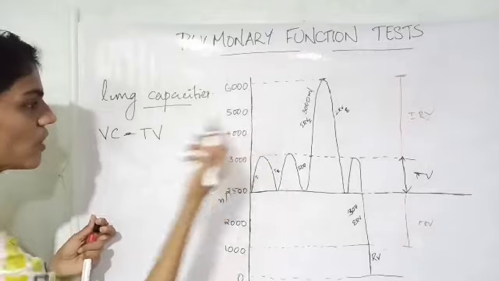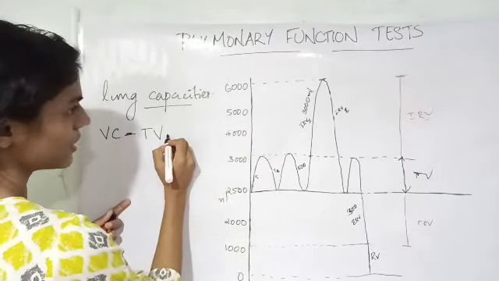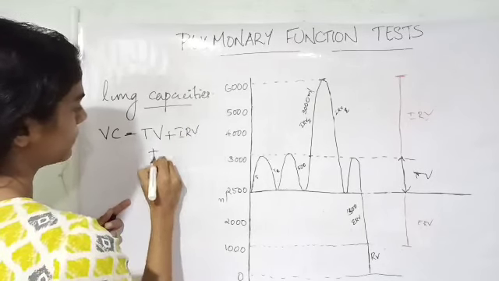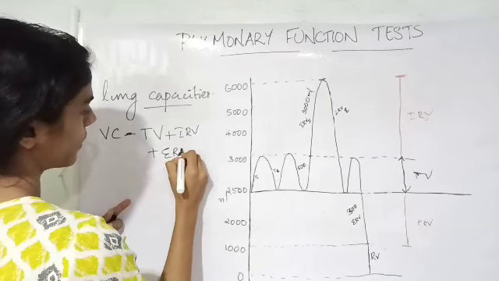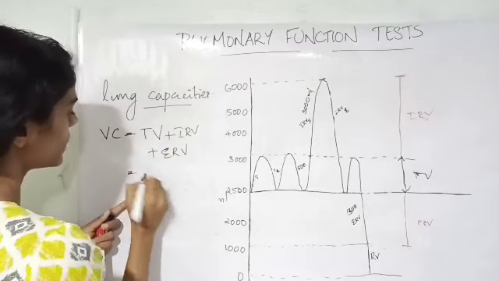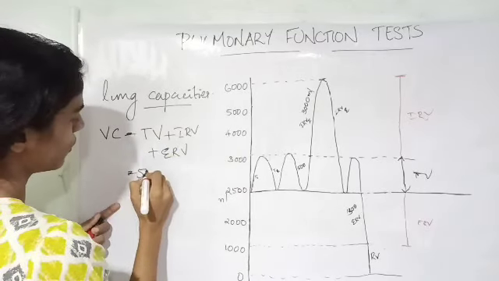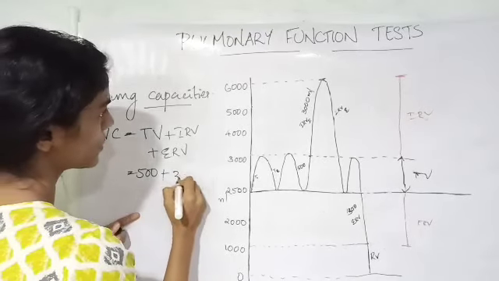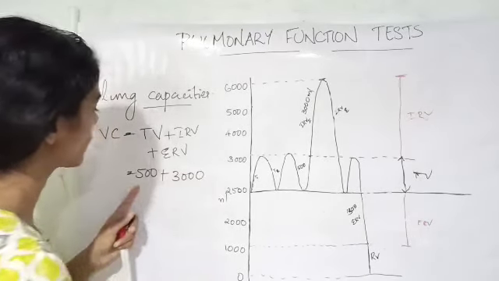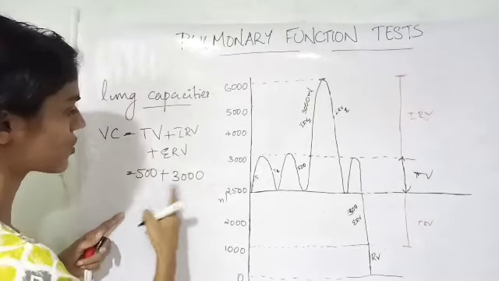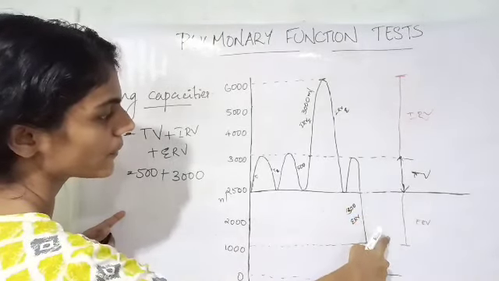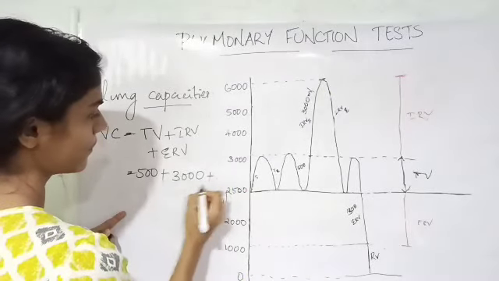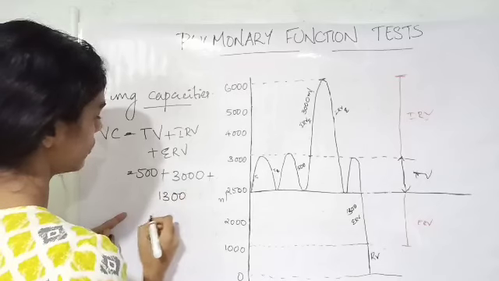Vital capacity, so we can say the formula is tidal volume plus inspiratory reserve volume plus expiratory reserve volume. Tidal volume is 500. Inspiratory reserve volume is 3000. So total it is 3500. And expiratory reserve volume is 1300.